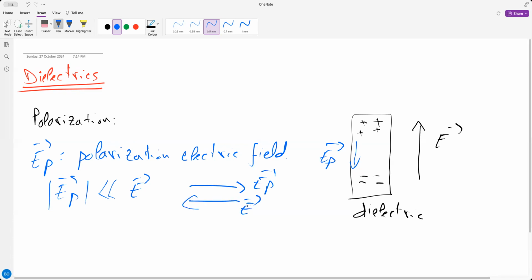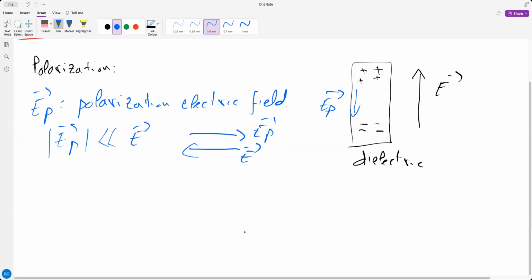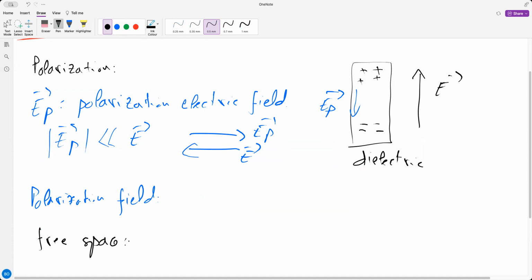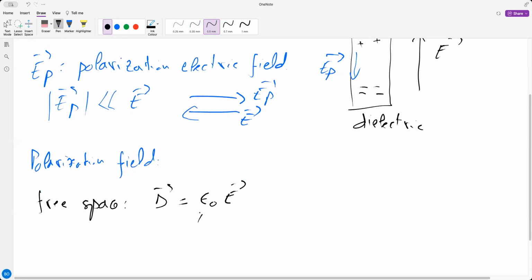Okay. So let's derive an equation for the polarization field. For this polarization field, we know that in free space, the electric flux density is equal to the permittivity of free space times the electric field.